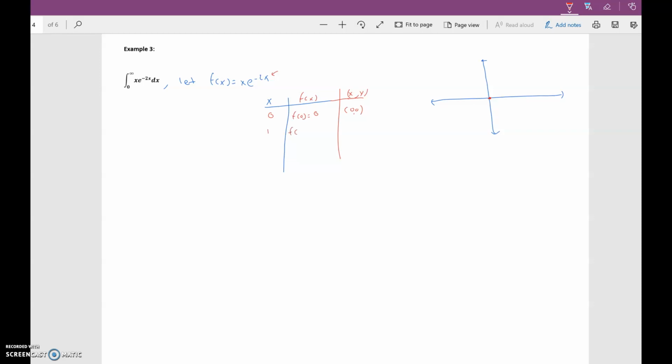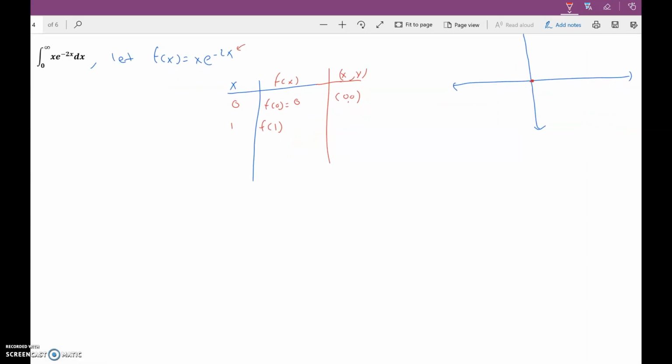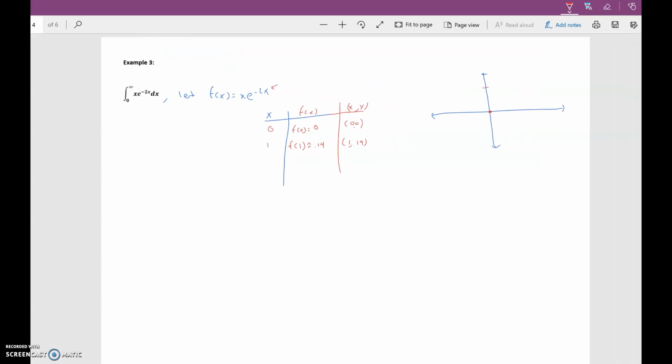Next one, plug in f of 1. Please use your calculator to plug in f of 1. I'm getting that f of 1 is approximately 0.14, so technically 1 comma 0.14. I'm just going to say that's 1, not to scale, and 0.14 is just going to be around there.